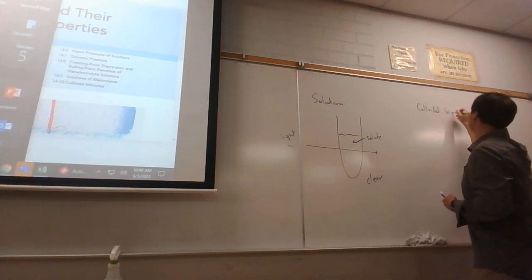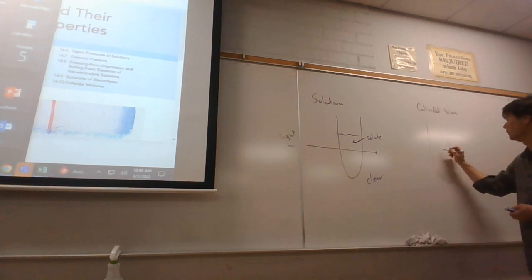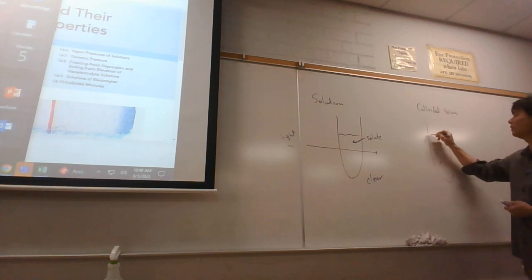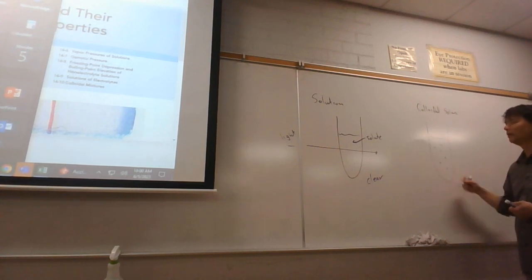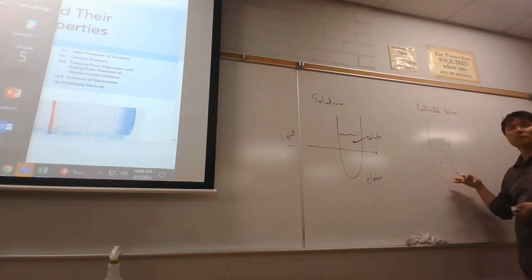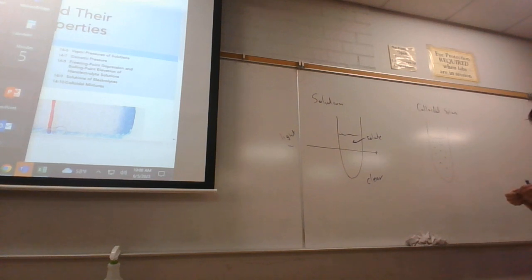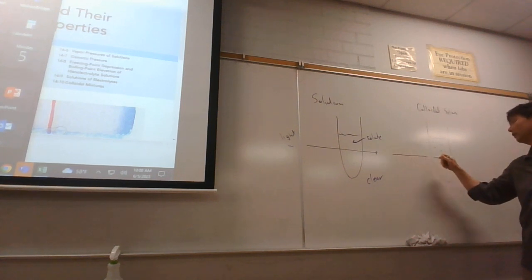Then we have colloidal solutions. In colloidal solutions, the particles are a bit bigger. However, they're still small enough that they're permanently suspended. That is, they don't sink to the bottom. And so these are permanently suspended.